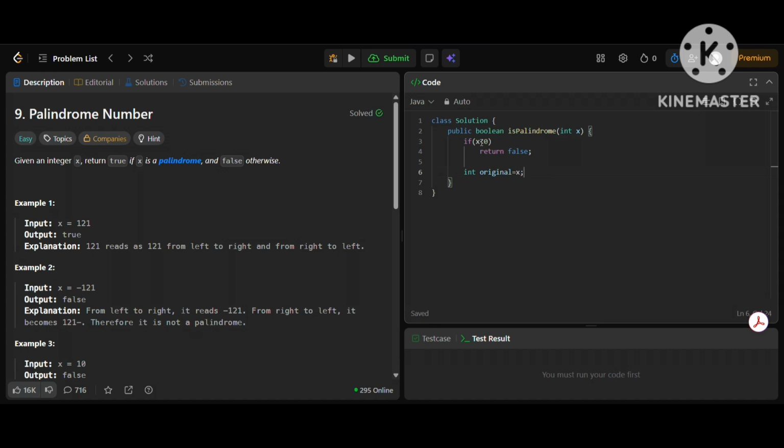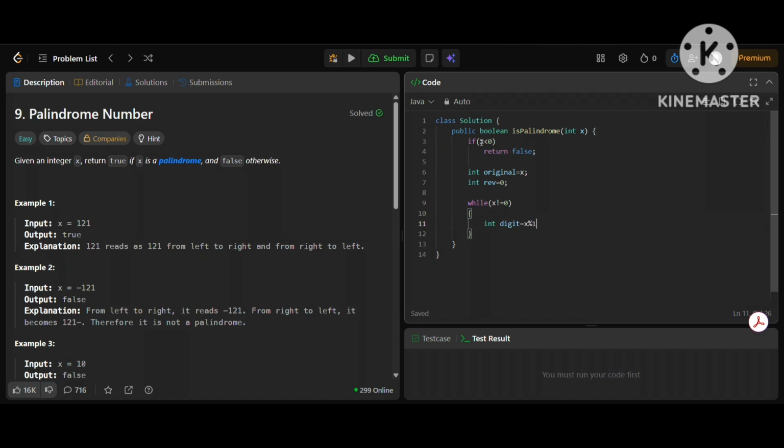And we'll take two variables, one is original and the next one is reverse. So the reverse will be initially 0, and the original is whatever they give, that is x. While this x is not equal to 0, we will find the digit, for every digit in that whole number.